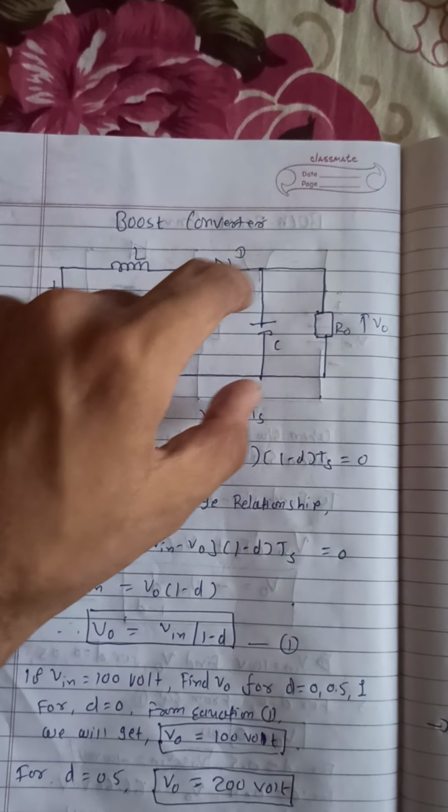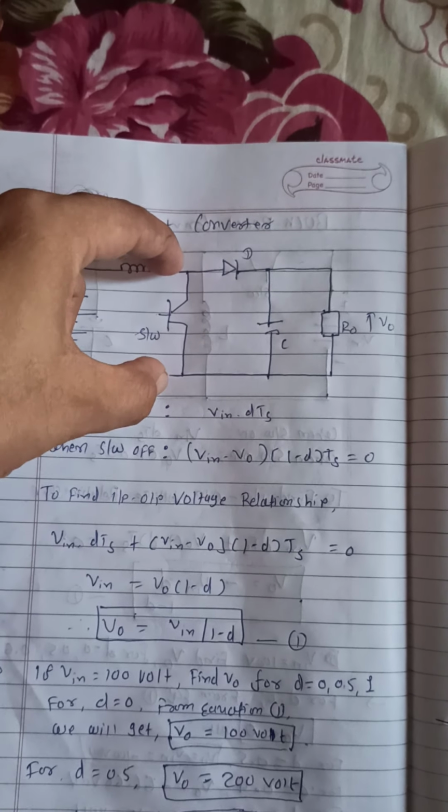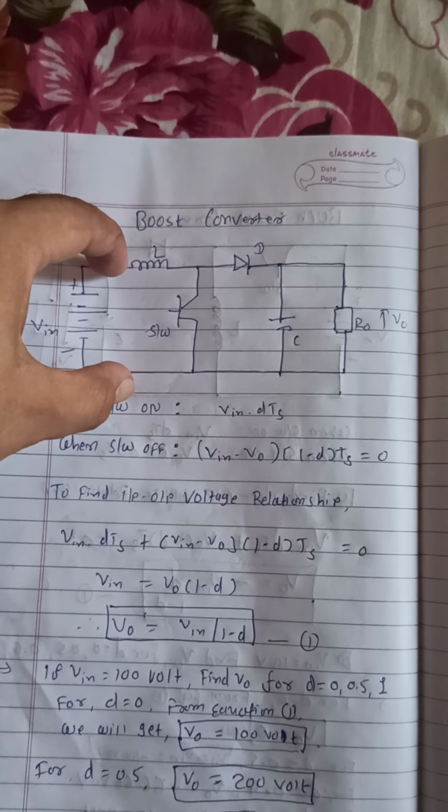So the switch is open, but the voltage across the load will appear at the second terminal, and at the first terminal the supply voltage is connected.